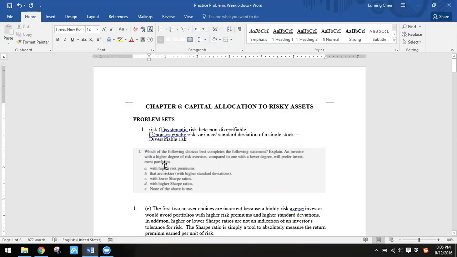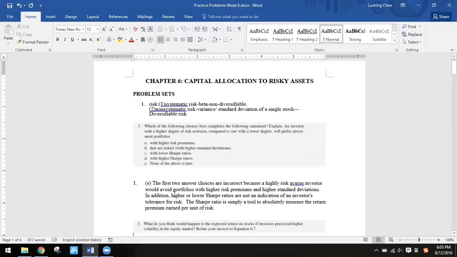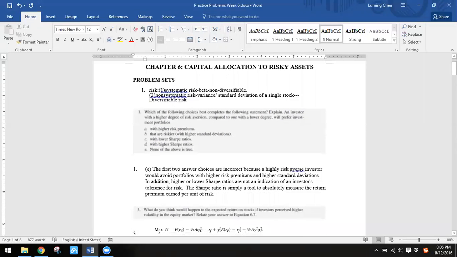Question 1. Which of the following choices best completes the following statement? An investor with a high degree of risk aversion compared to one with a lower degree will prefer investment portfolios. When we talk about risk aversion, we're talking about the capital letter A in the risky portfolio allocation.